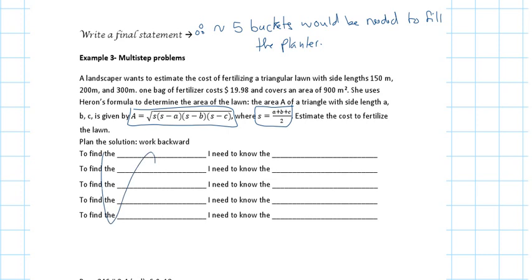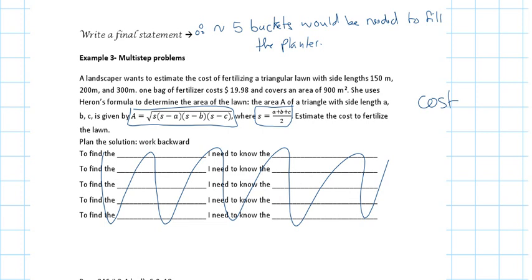I want you to think about, what's the question asking you for? The cost, right? So your end number should be how much money it's going to cost to fertilize this. What do you need to find to see how much money it costs? First, we have to find the area.